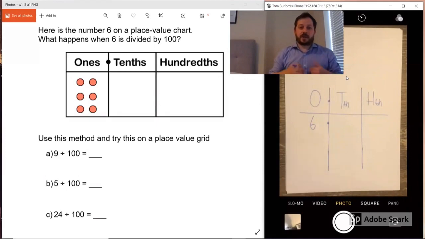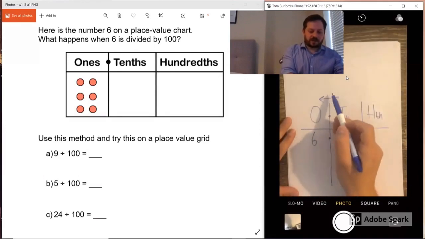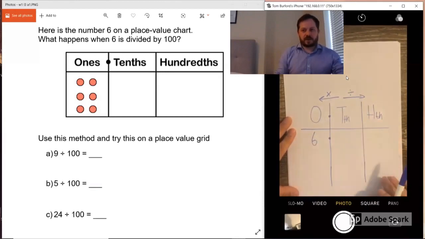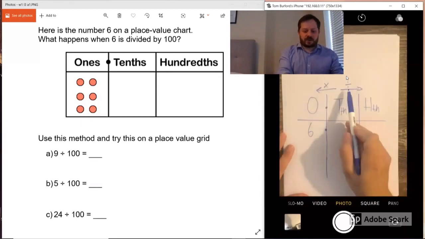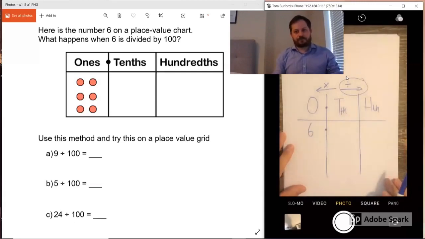So we're dividing by 100, which means we need to think about the direction we're moving in. We're getting bigger in this direction, that is timesing. We're getting smaller in this direction, that's dividing. So if we're dividing by 100, we know we are moving in this direction.